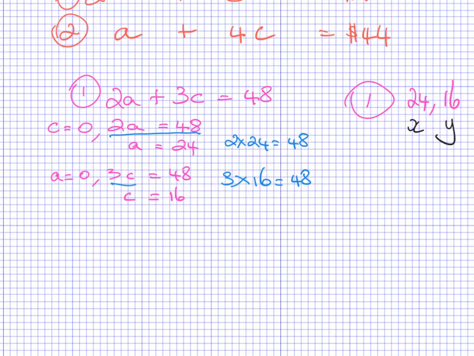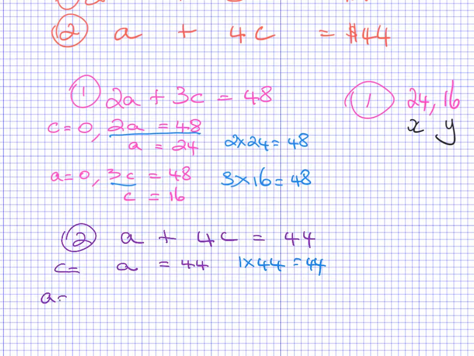Now let's work out exactly what we want to do for the other family. Let me change colours so it's a bit clearer. Okay, so for family number 2, we know it's A plus 4C equals 44. Now if C equals 0, A equals 44, because 1 times 44 equals 44. Pretty straightforward.